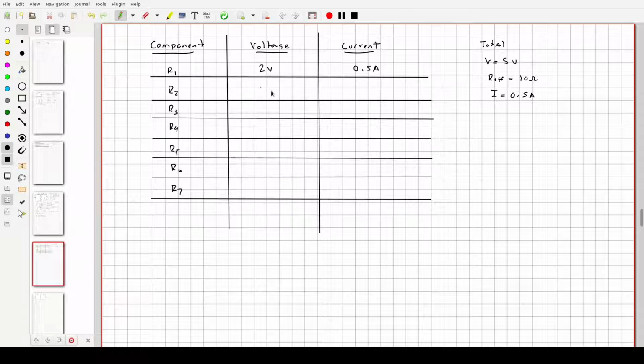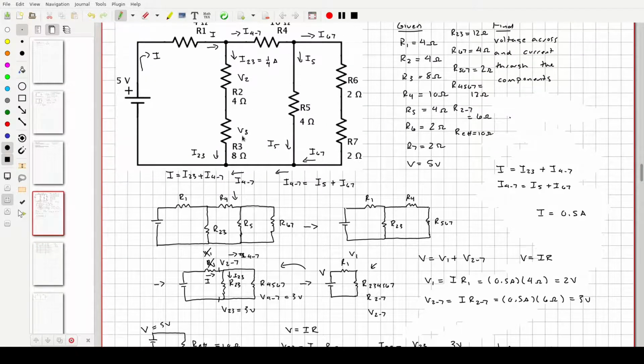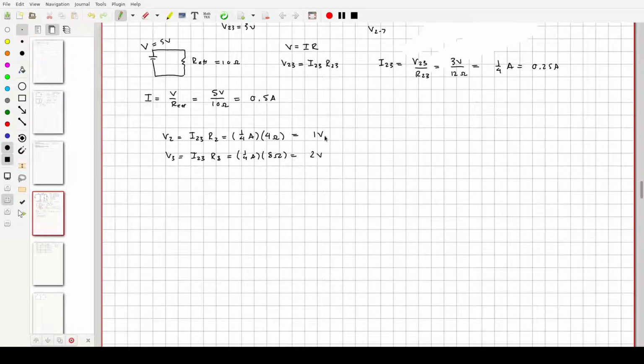R2 and R3 both have currents of 0.25 amps, 1/4. Their voltages are different. We found them to be 1 volt across R2 and 2 volts across R3.